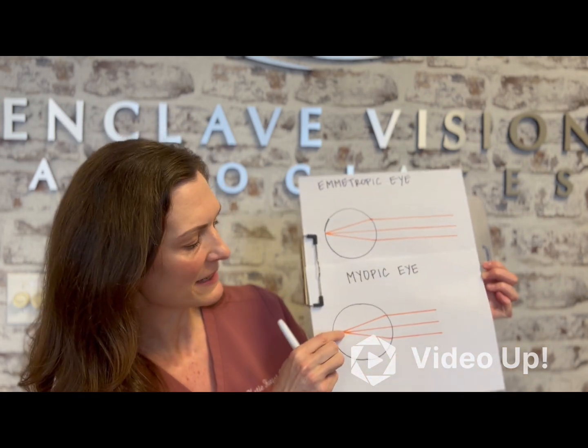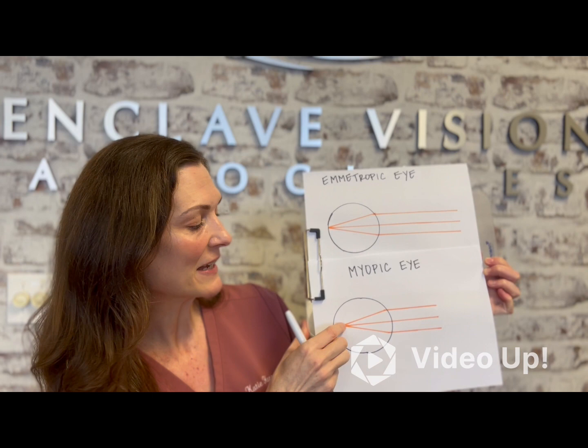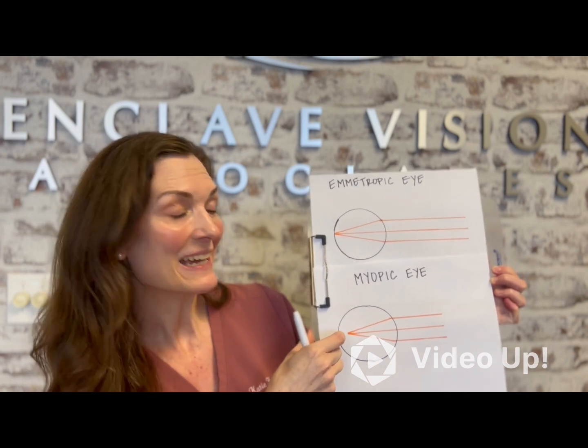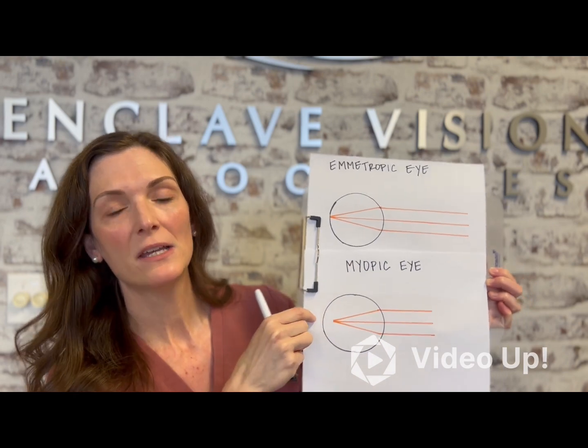What's happening there is the distance between the point of light and the retina is getting larger and larger. And the reason that distance is increasing is that the eye is growing. The back surface of the eye is moving back. So in order to get that light to refocus, we have to use stronger and stronger lenses.